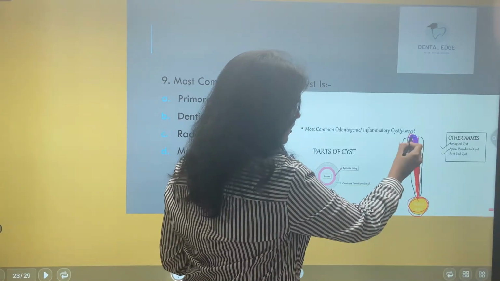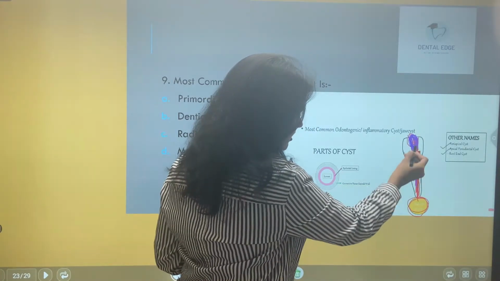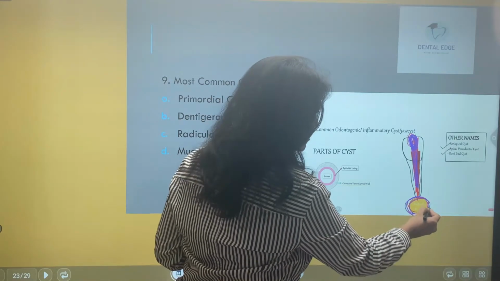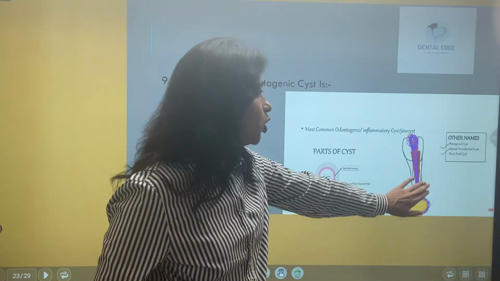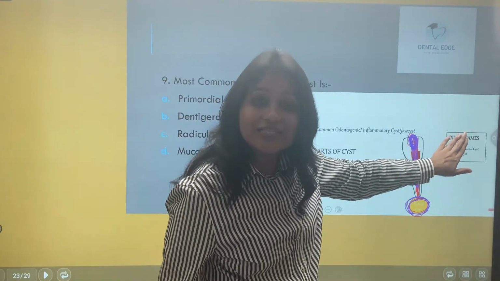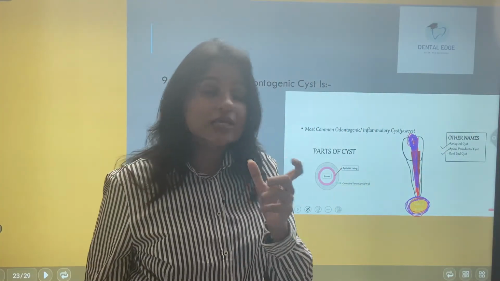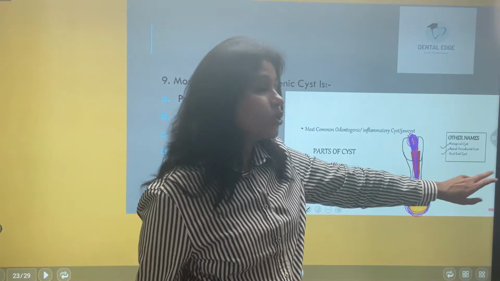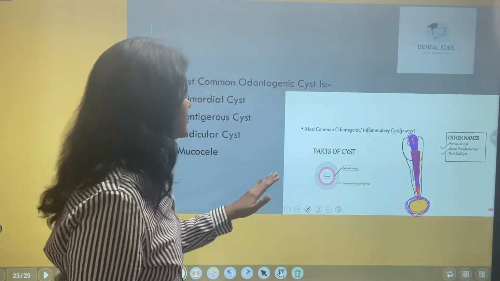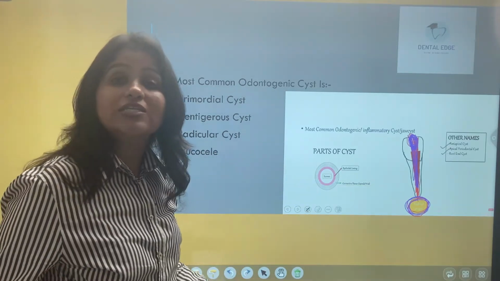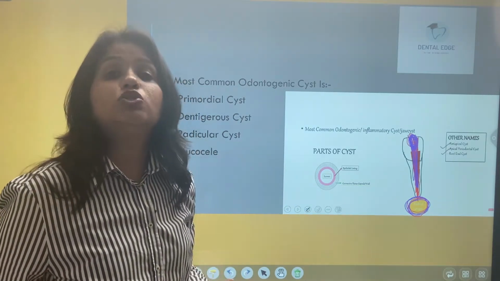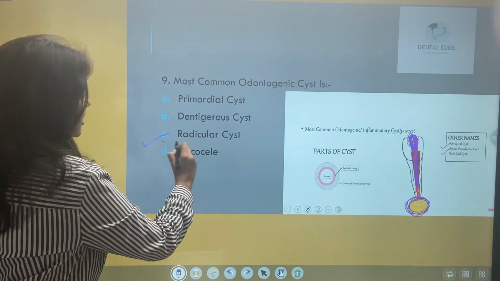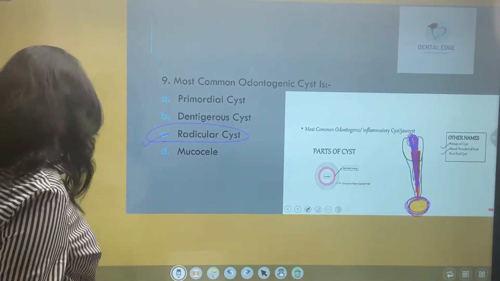If there is a caries process, the toxins exit from here and then a cyst is formed, which is called a radicular cyst. It is also called a periapical cyst. It is present at the apex. So periapical cyst, apical periodontal cyst, or a root end cyst. This is the most common odontogenic cyst, or most common jaw cyst. So the correct option is C, radicular cyst.